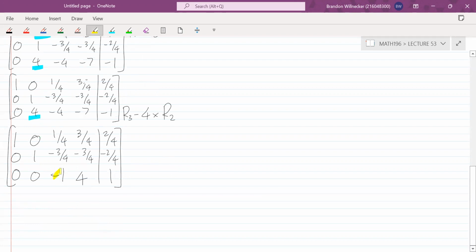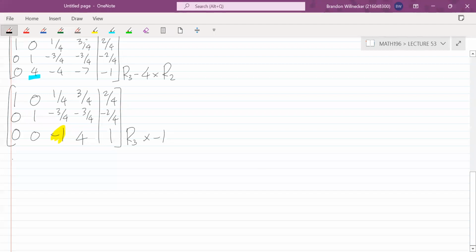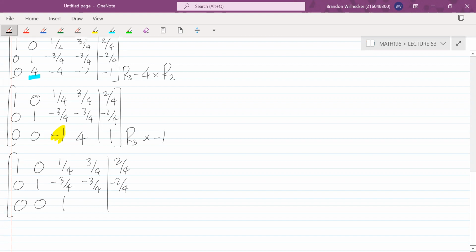Next, we need the minus 1 here to be a 1. So we can take row 3 times minus 1. Okay, so let's do that. So we get 1, 0, 1/4, 3/4, 2/4, 0, 1, minus 3 over 4, minus 3 over 4, minus 2 over 4, 0, 0, 1, 4, and minus 1.